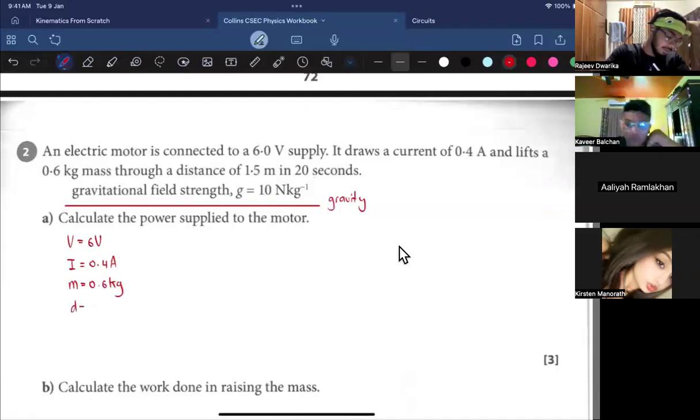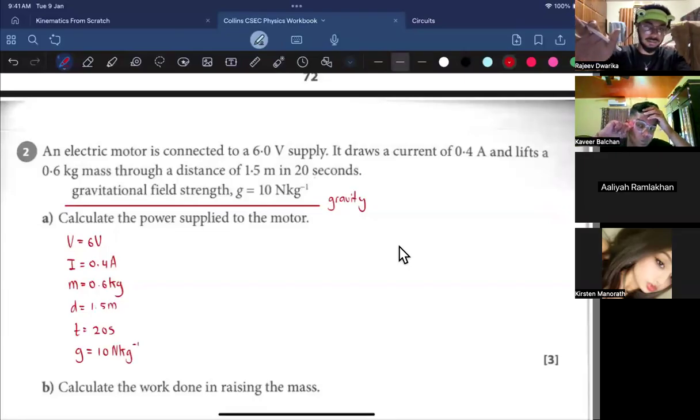They gave us distance, maybe that might be valuable. In 20 seconds, they gave us time. And they gave us gravity. Gravity is 10 newtons per kg. So that's all the information we have.